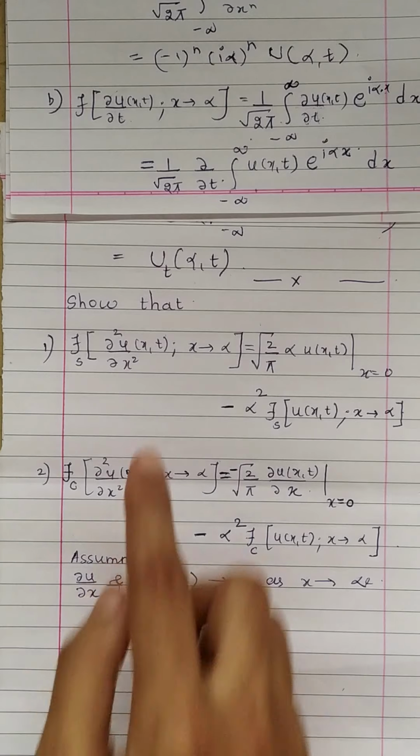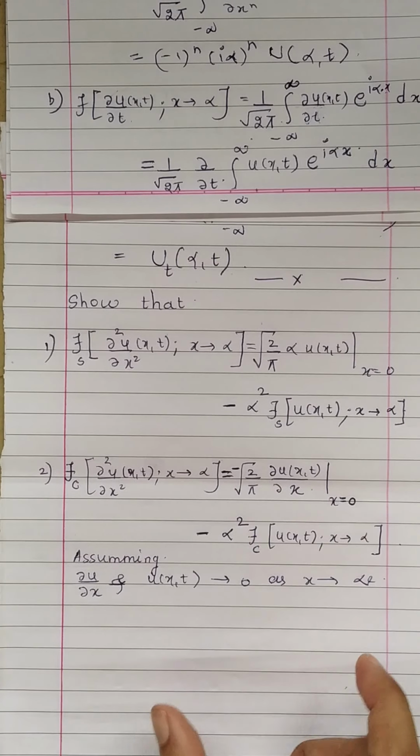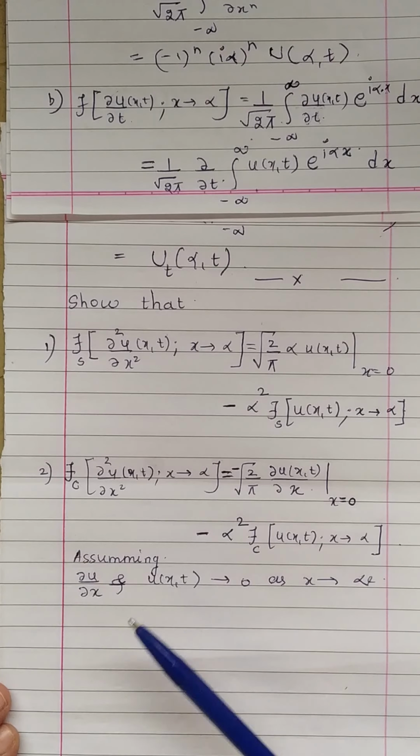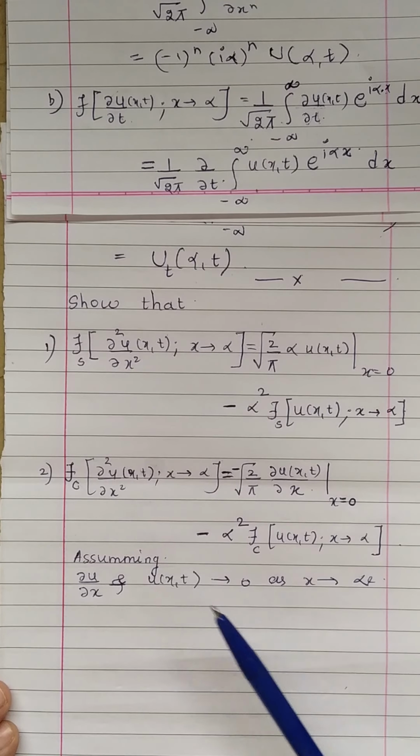With this assumption that term will go to 0. Then whatever second term is left, again you will have to use integration by parts and integrate that term. By using the assumption, again the first term there will also go to 0 and the second term will be retained.